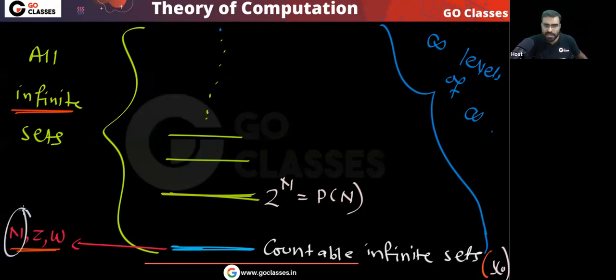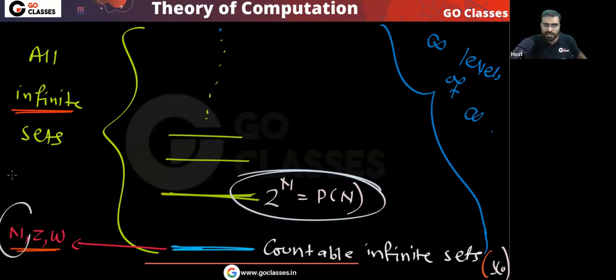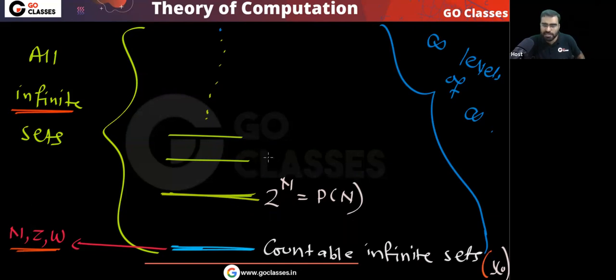For example, the size of this set is smaller than this set, or I can say this set is bigger than this set. Similarly there is a set here which is bigger than this set, and this set is bigger than this set.